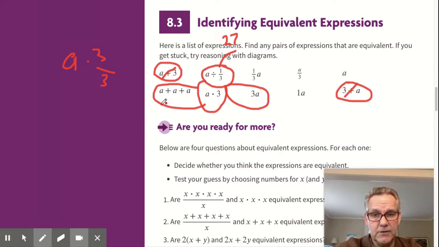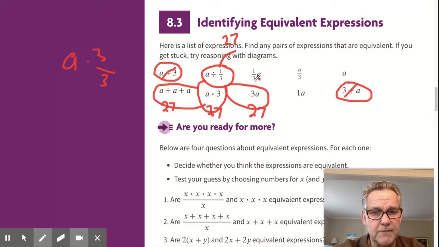Well, that's also 27. And then, of course, 9 times 3, also 27. And 3 times 9, also 27. So all 3 of these are equivalent. They're the same, mathematically speaking.